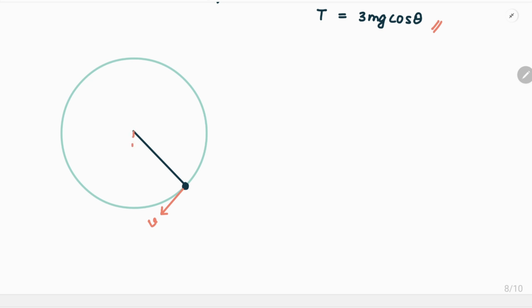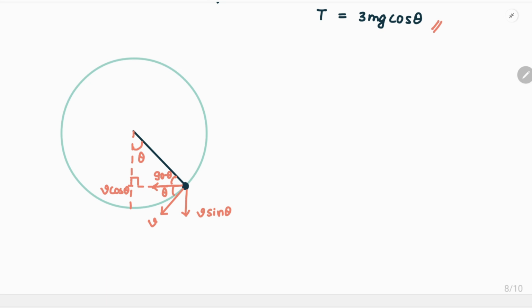If this angle is theta with the vertical, this angle is also theta, and over here this is 90 degrees, this is 90 minus theta, again a theta component, so v cos theta, and this one is going to be v sin theta. So we have a v cos theta component directed in this direction, and a v sin theta component in this direction.